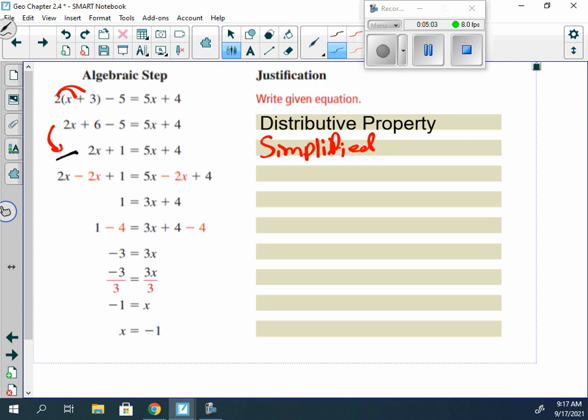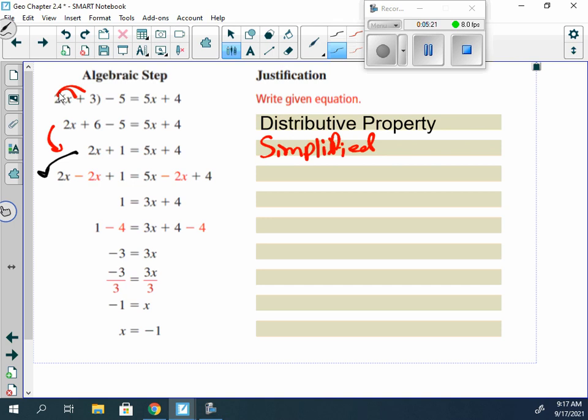Okay. So the next step, what are they doing to both sides? Because we're trying to get x by itself, yes? So what did they do to both sides? Subtraction by 2x.